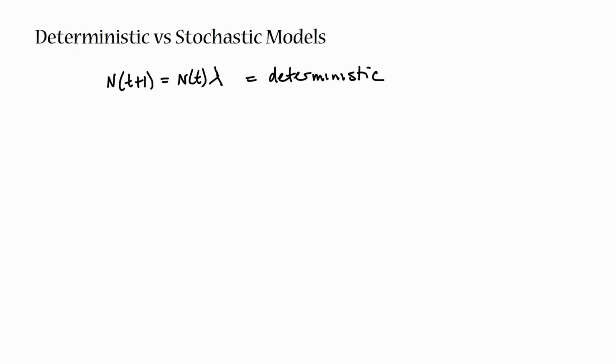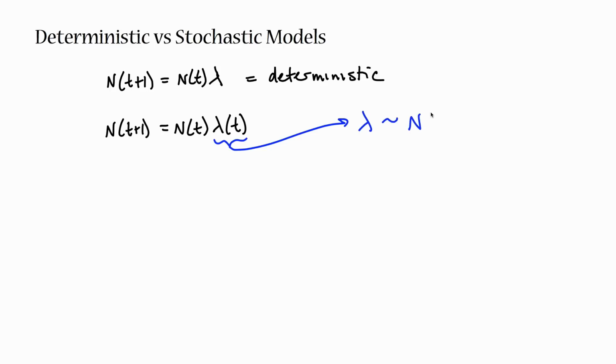For example, the stochastic equivalent of this model would be to say n at time t plus 1 is equal to n at time t times lambda t, the growth rate at time t, where lambda at time t is drawn from some probability distribution every time t. So we'll say lambda, in this case, we'll just make it normally distributed with a mean of, I don't know, 1.2 and a variance, say, 0.02. So it's small. There's not a lot of noise, but it's some noise.